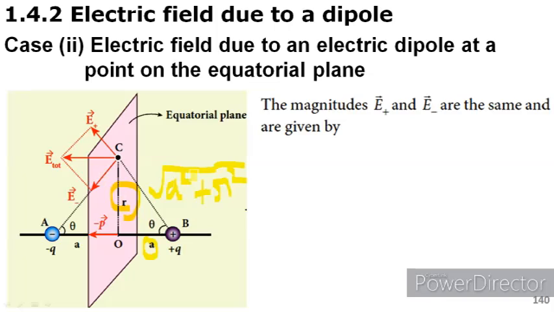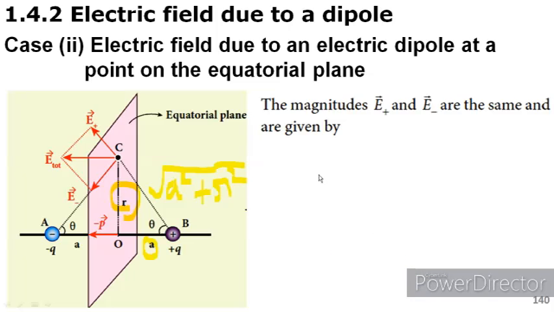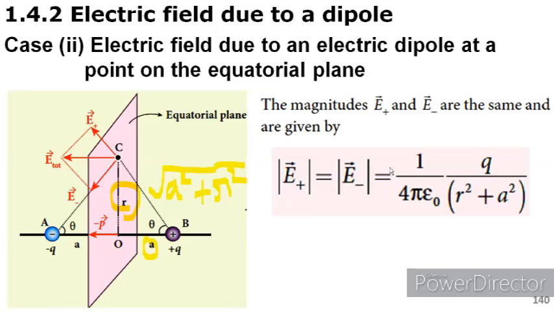So we can write the magnitude of the electric field at point C due to plus Q, denoted by E plus vector, is equal to 1 by 4 pi epsilon naught into Q by distance square. The distance is square root of a square plus r square, so when you square this value, you will get r square plus a square.